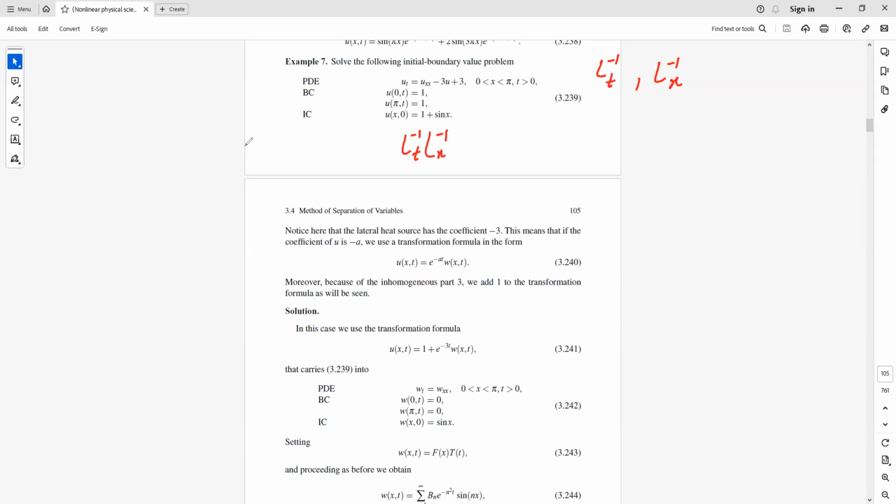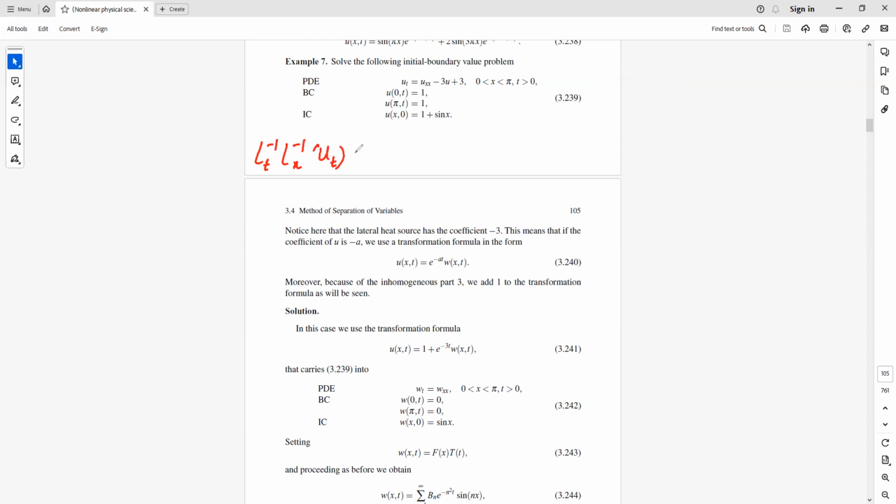Then we will expand the equation, arrange the terms, and simplify to get the solution.